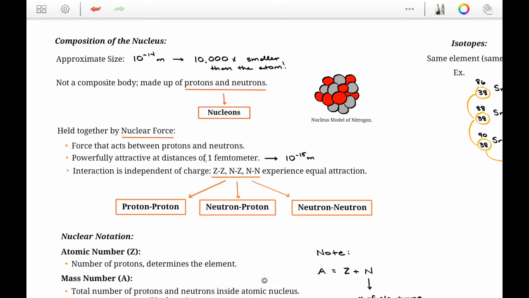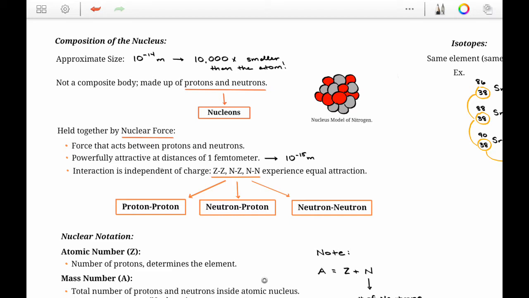But whenever you consider distances less than 0.7 femtometers, the forces experienced by the protons and neutrons are actually repulsive. So whenever you see a model of a nucleus, there's actually a significantly small space between each of these protons and neutrons, and that's because of this repulsive force at the same time as they are all attracted to one another.